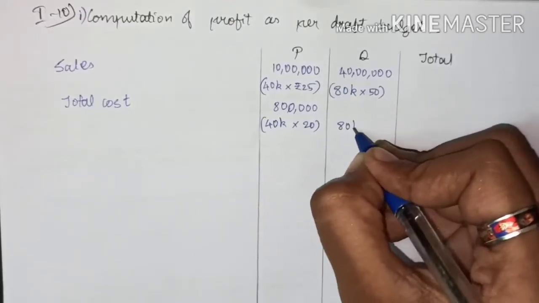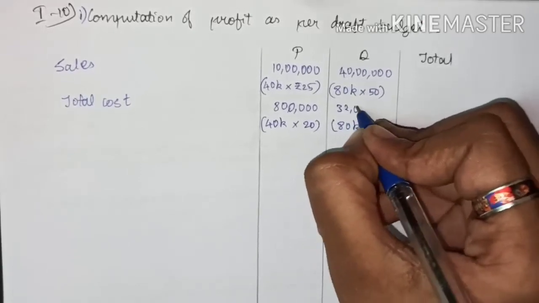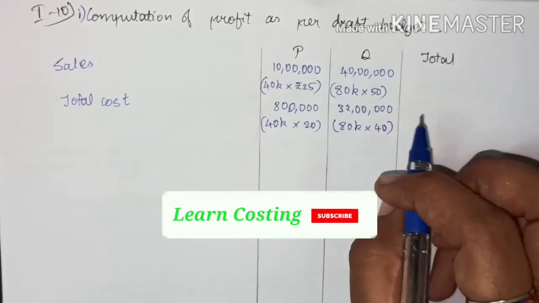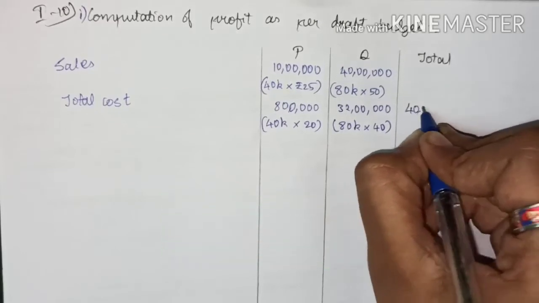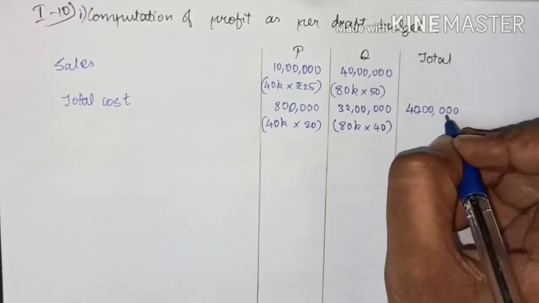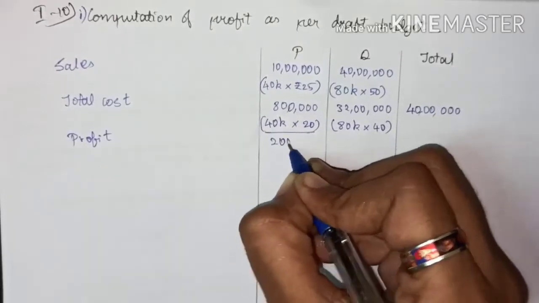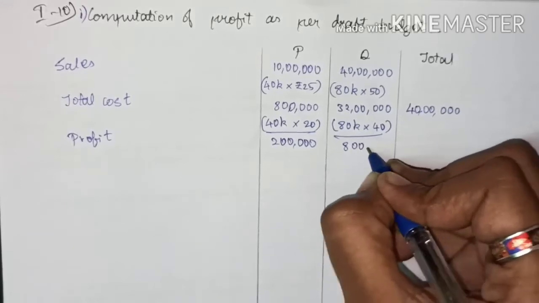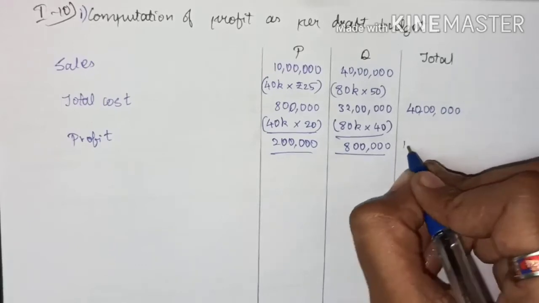Here 80,000 into 40, 32 lakhs. The total cost is 40 lakhs. Next one is profit. It's 2 lakhs, and here 8 lakhs. The total profit is 10 lakhs.